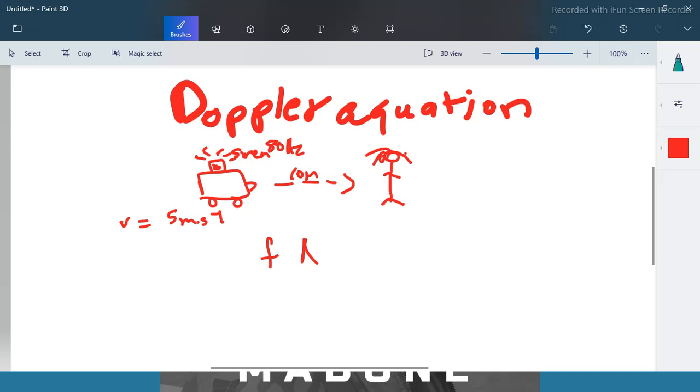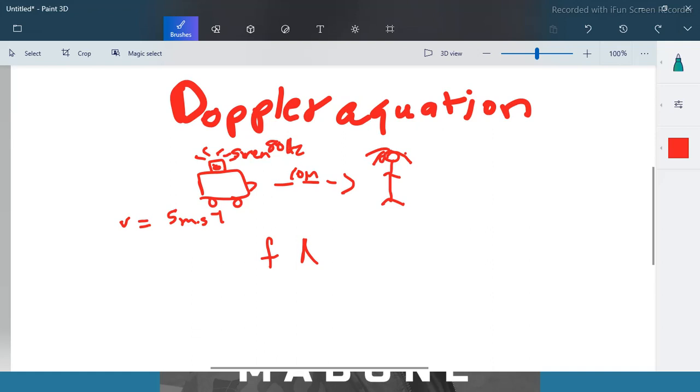We know that if one increases, the other one decreases. If one goes up, the other goes down. Cool. So in this particular case, you can see that this car is approaching you.